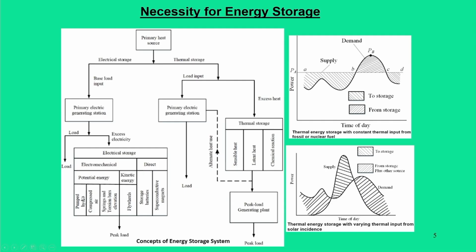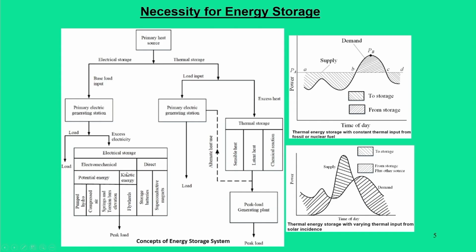Looking at potential energy, it can be stored as a pumped hydro medium, or as a compressed air medium, or as torsion bars and springs. This is what we call potential energy based storage, and it falls under electromechanical systems, which combine mechanical and electrical energy.